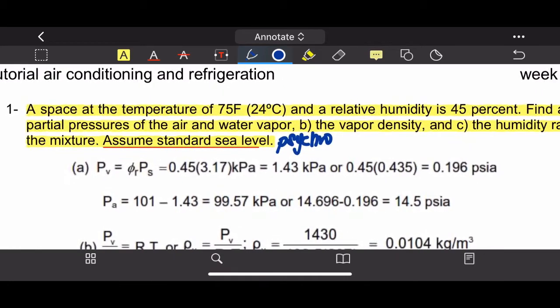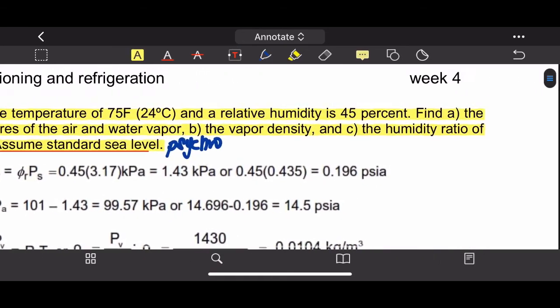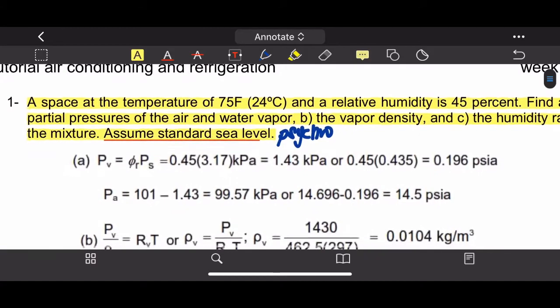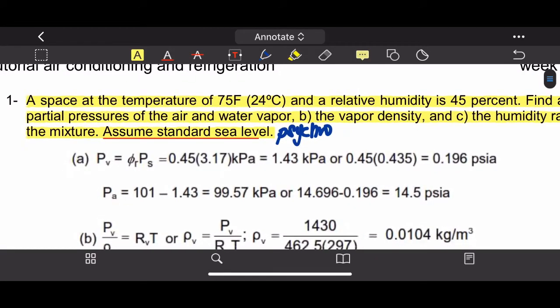The first one asks you to find the partial pressure of air and water vapor. Now, the equations are available on your slides.